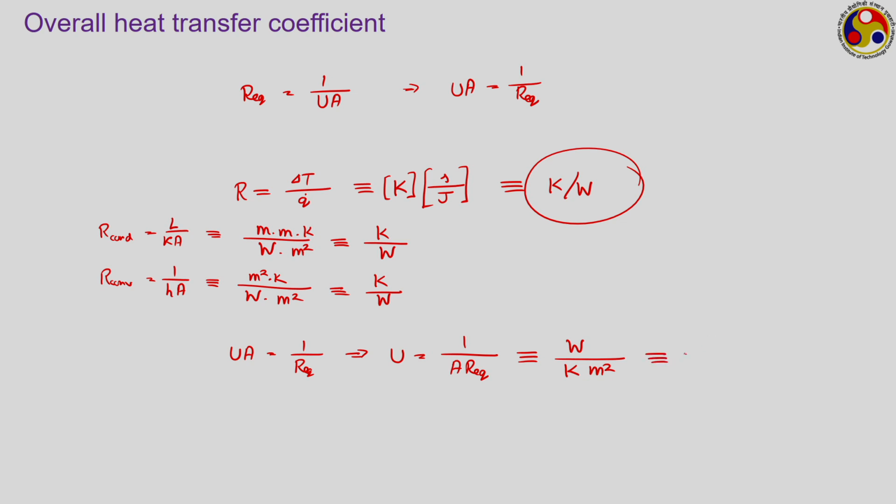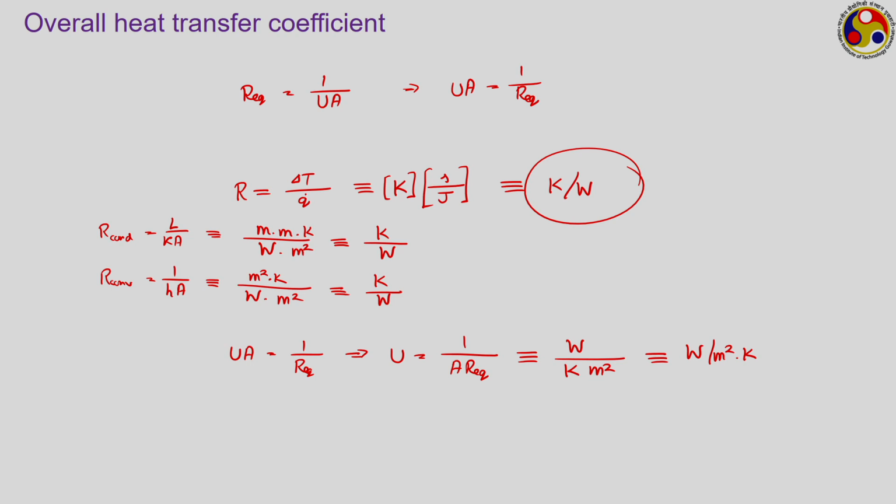So, it will be watt per meter square Kelvin, just very similar to the unit of the convective heat transfer coefficient, and that should be also, because the idea of this overall heat transfer coefficient comes only from Newton's law of cooling, and therefore, this U is nothing but an analogous form of that small h for overall circuit representation. So, its dimension is watt per meter square Kelvin.